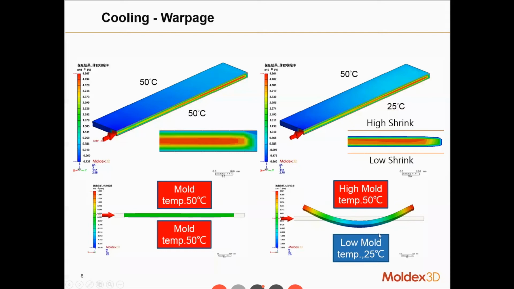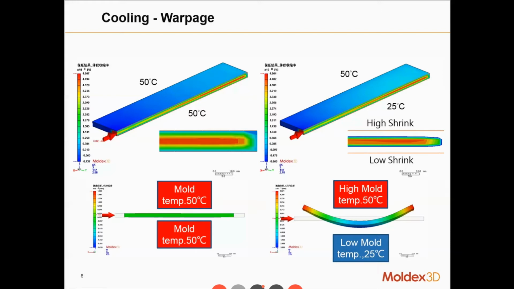The bottom half of the part experiences a lower temperature, so it shrinks less, and you will create this kind of smiley face distortion.